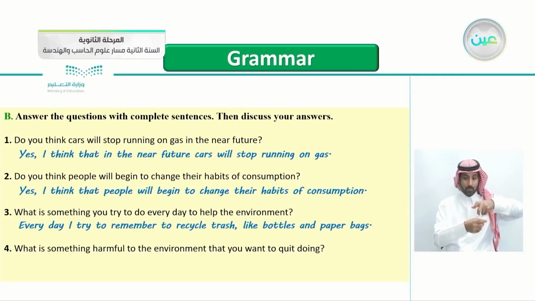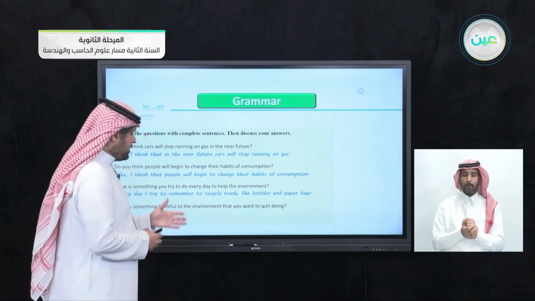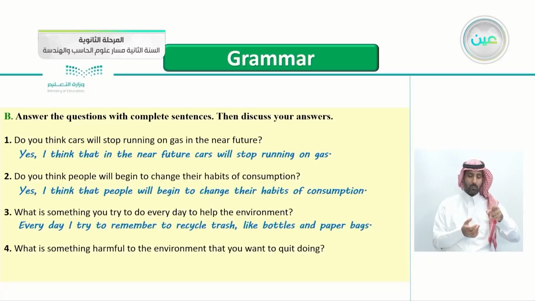Number 4, what is something harmful to the environment that you want to quit doing? Something that is harmful to the environment that you want to quit. So want to quit doing. Also quit doing here. This is a gerund here. You want to quit doing. So what is something that is harmful to the environment that you want to quit doing?